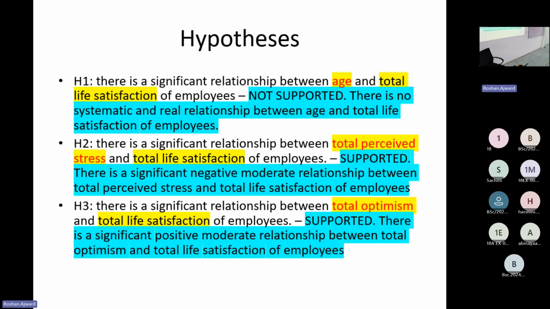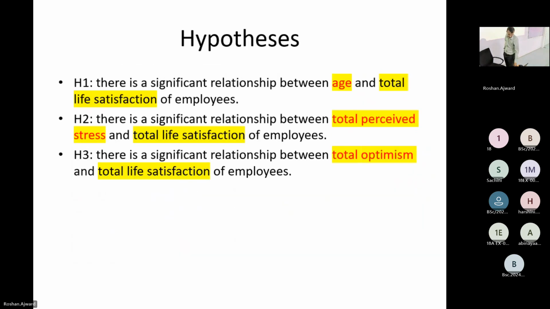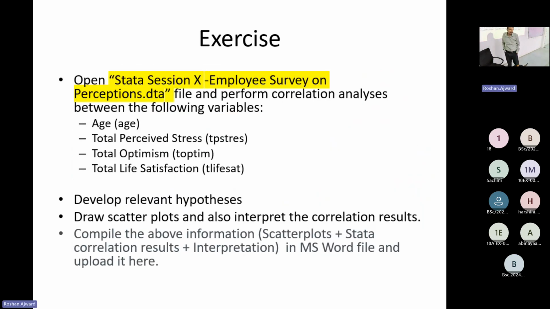So first we developed the hypothesis and did the test, and we checked whether those have a significant positive or negative or no relationship. Is that clear? So under this exercise, that's what we did.